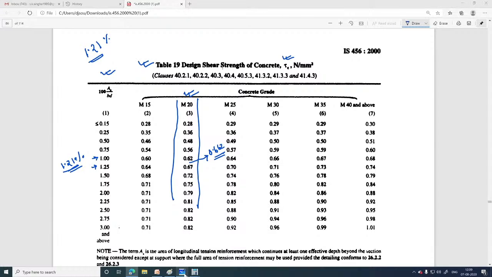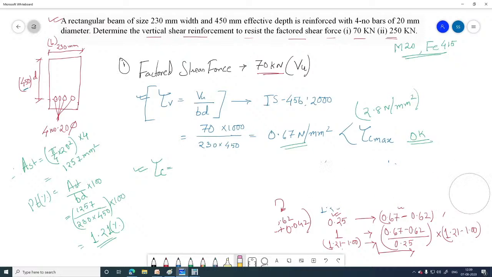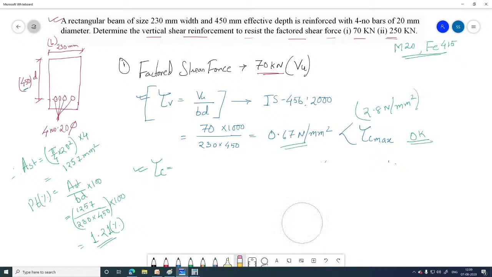So now we can put the value over here. So just remove this. So tau c that we get, that is 0.662 Newton per millimeter square. Now I need to check whether the tau v is greater than tau c or less than tau c. So in this case the tau v value is 0.67 and the tau c value is 0.662.